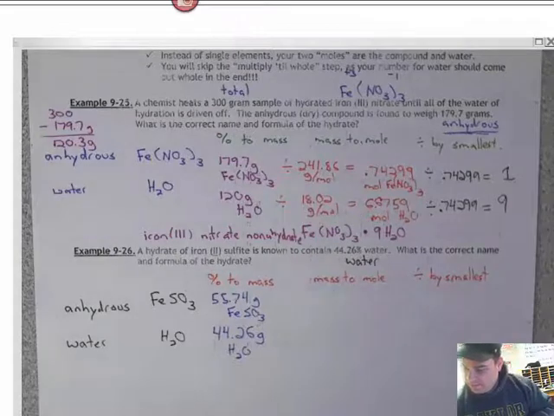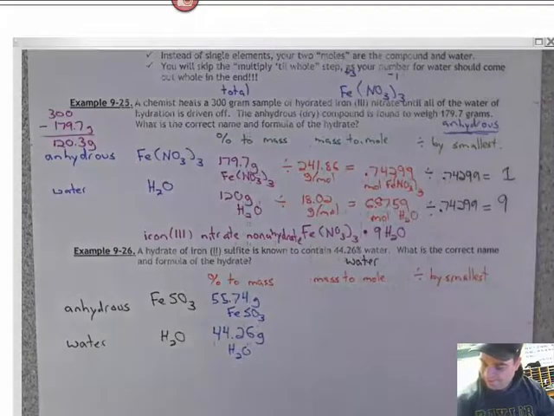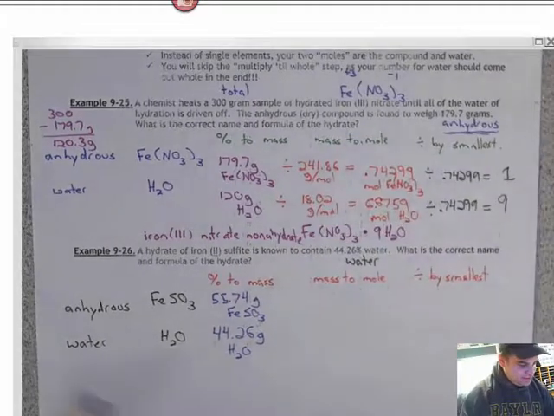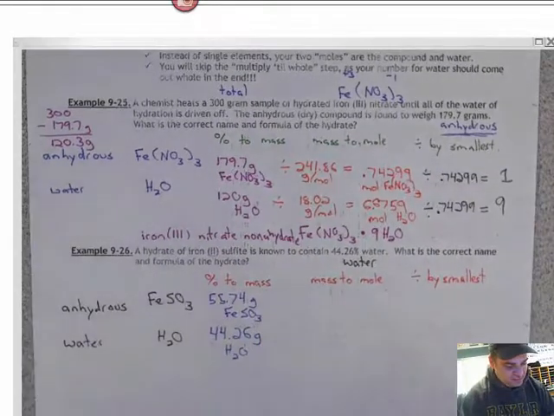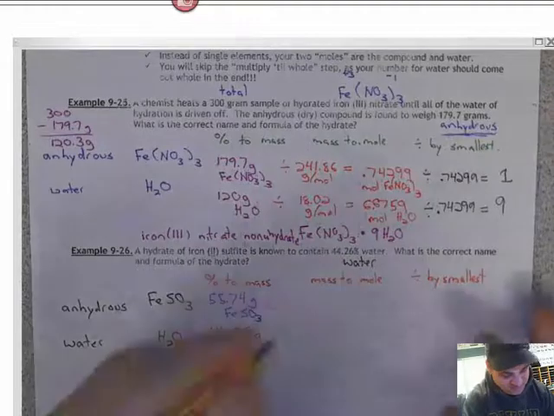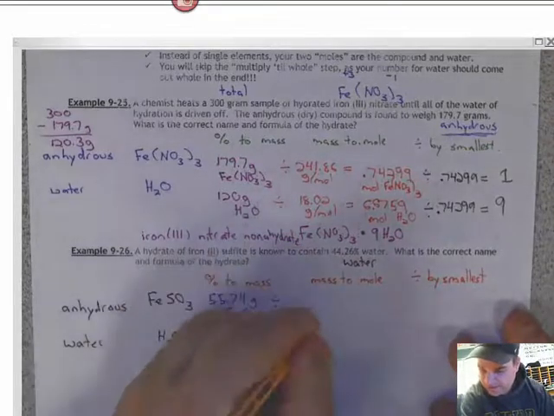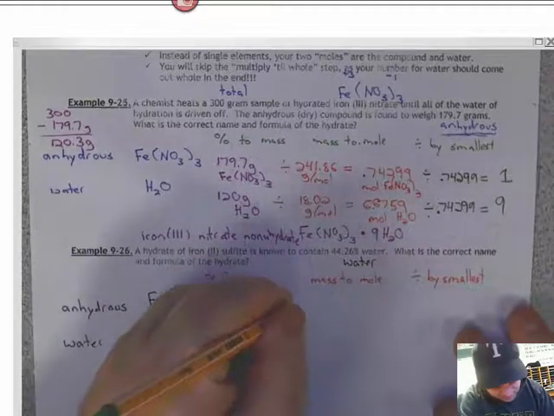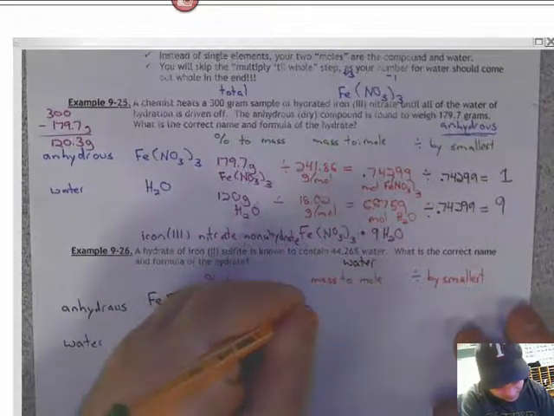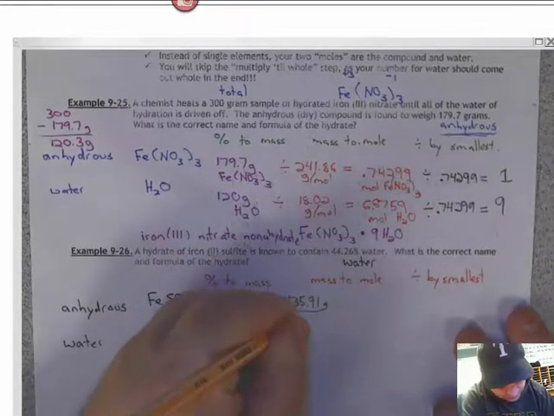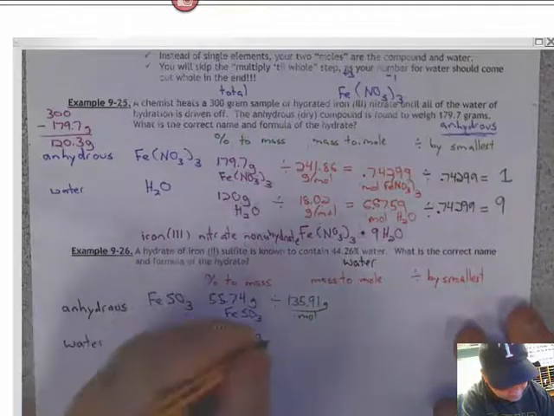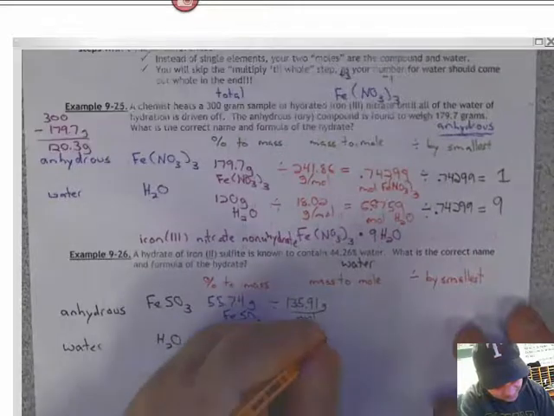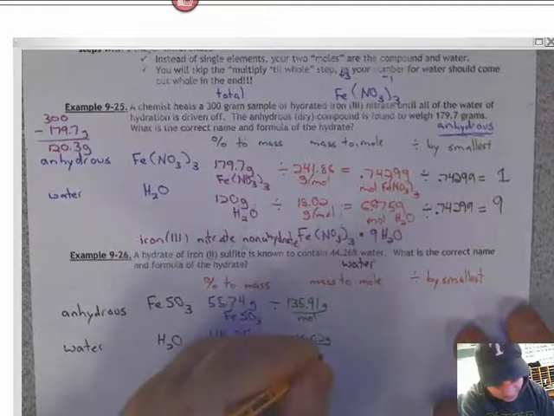I must have this problem worked out somewhere, right? I hope I do. Okay. Percent to mass, mass to mole. So we need to divide by the molar mass. Molar mass of iron sulfite is 135.91 grams per mole. Molar mass of water is 18.02 grams per mole.